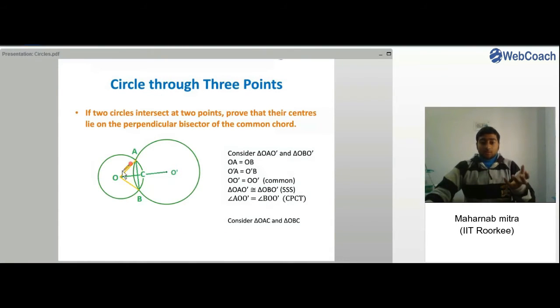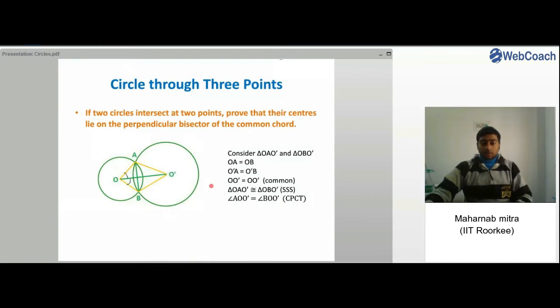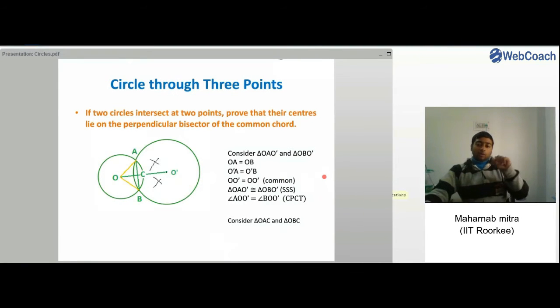Now let us consider the two smaller triangles on one side. Let us neglect this triangle now, these two triangles which have been caused by the earlier case. You can see in the earlier case we had considered the bigger triangles OAO prime. Now we want to consider these two smaller triangles so that we can include AB within the triangle, right?